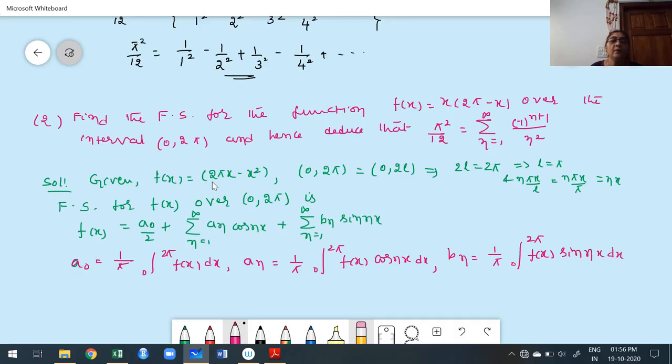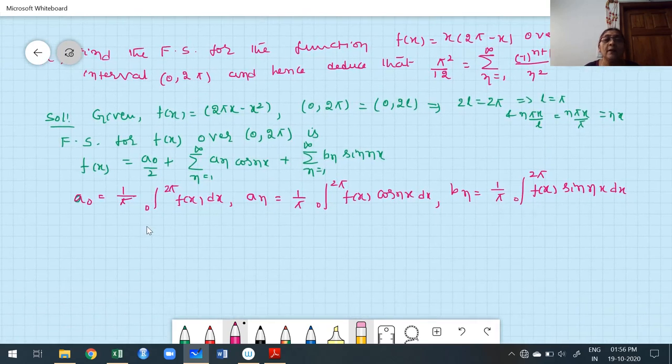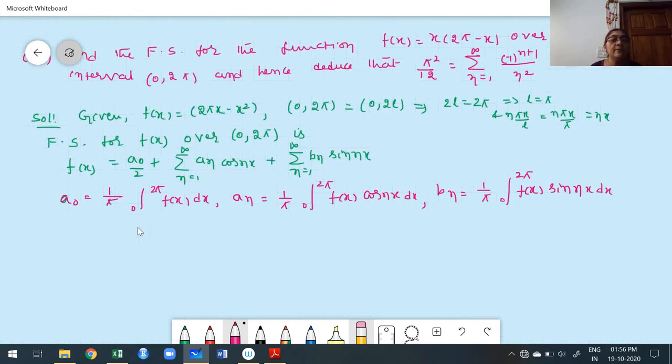Okay. Now as usual, I have to find out the values of a naught, an and bn with the help of the given function.